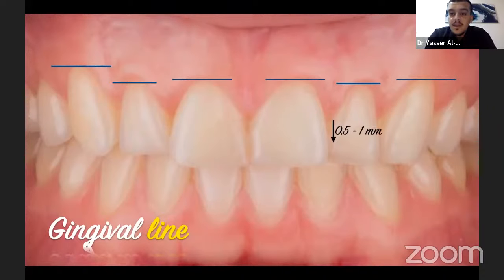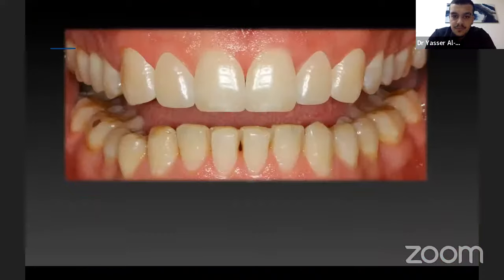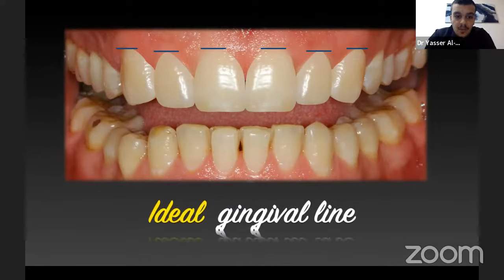The same applies to the gingival line of the canine. So we have 3 types of gingival line. We have the ideal gingival line, which means the centrals and canines are equal and 0.5 to 1 millimeter higher than the gingival line of the laterals.